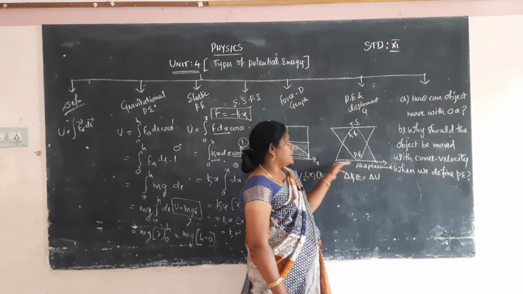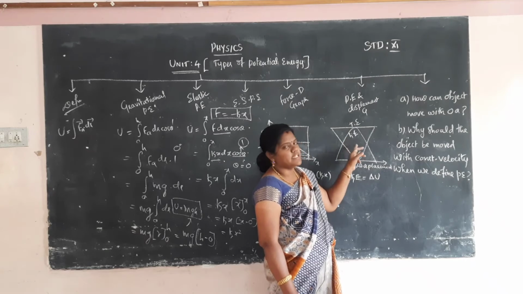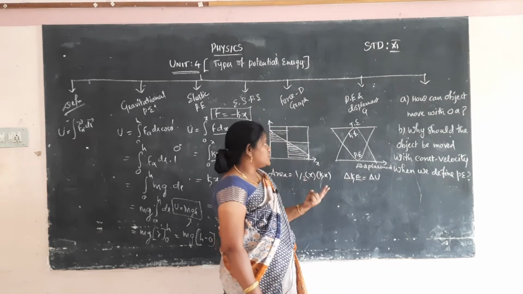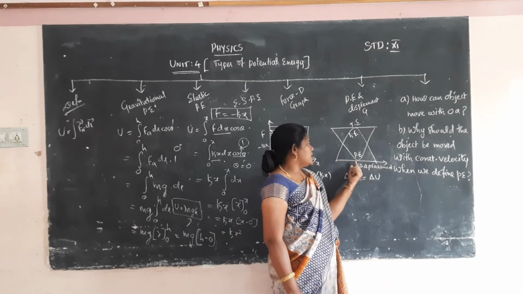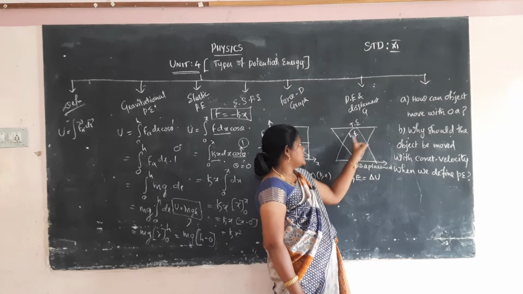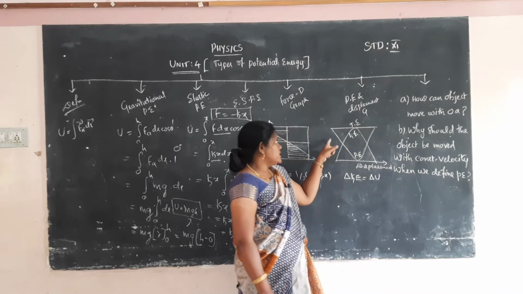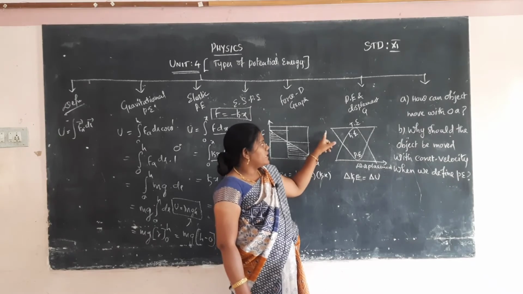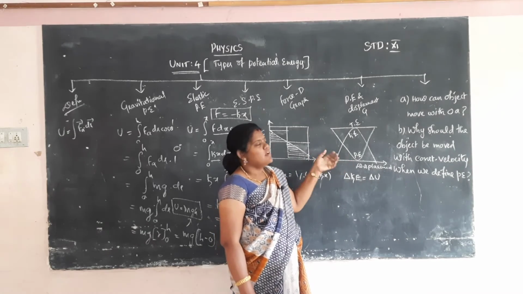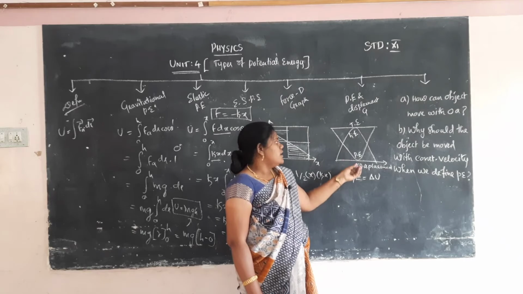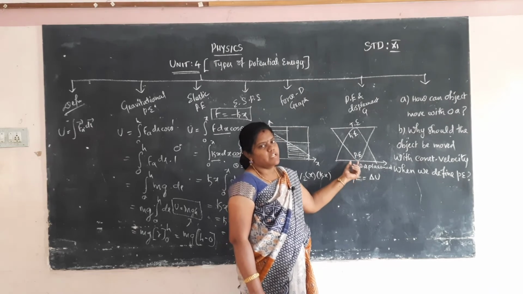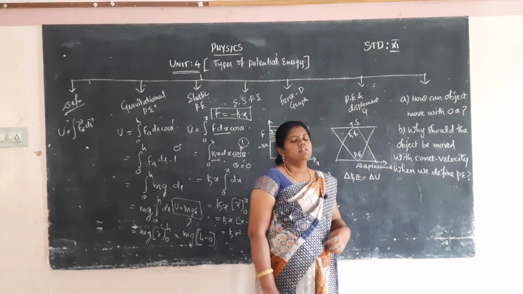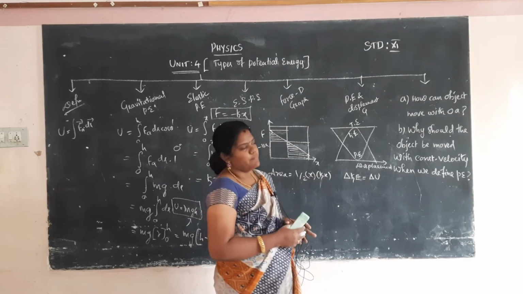Displacement is taken as the x-axis and energy as the y-axis. Two energies act, kinetic energy and potential energy. Initially the object is at rest, then the energy increases, the object moves, and at a particular point it reaches the potential energy, and again the potential energy increases.